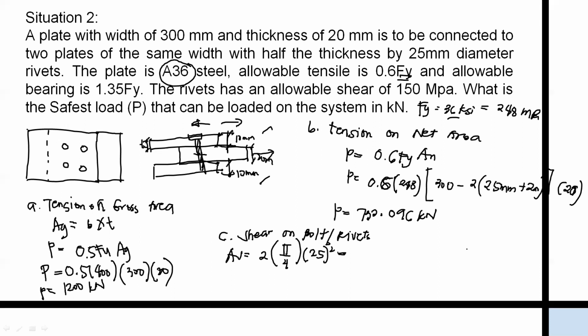So we have 4 rivets, and the total would be 3,927 square millimeter.